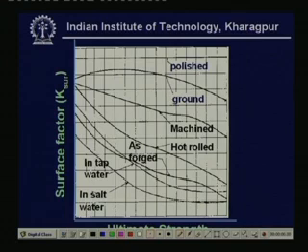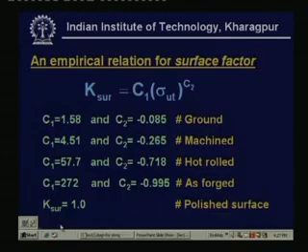So, considering all these data for the materials, one can see that an empirical relation for the surface factor can be written in the following form. Here the relationship given considers some of the surface conditions shown in the earlier figure, but not all.